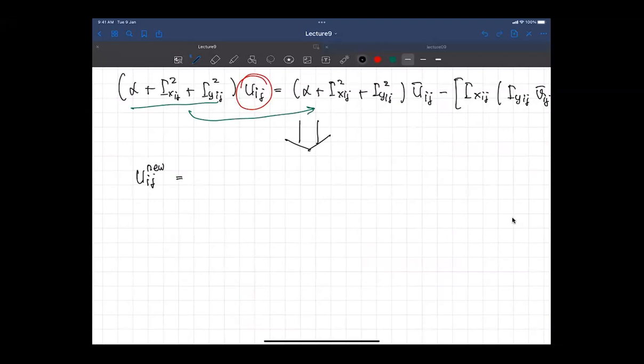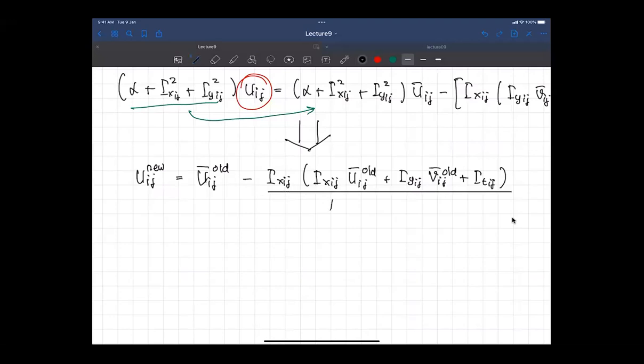So in that case, you have uij equals u average old minus Ixij multiplied by (Ixij u average old plus Iyij v average old plus Itij) divided by alpha plus Ixij squared plus Iyij squared.